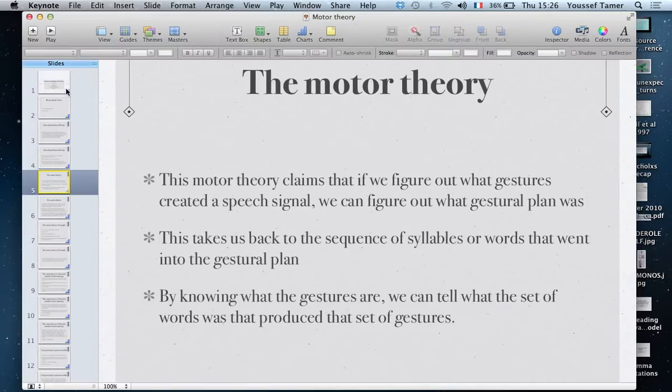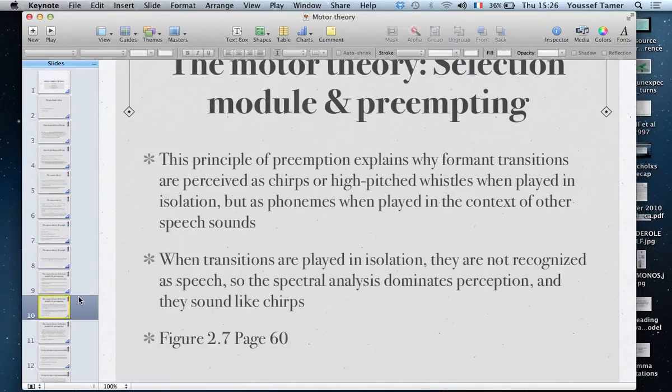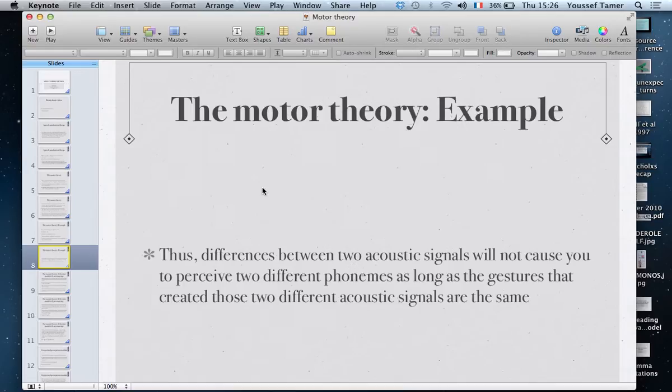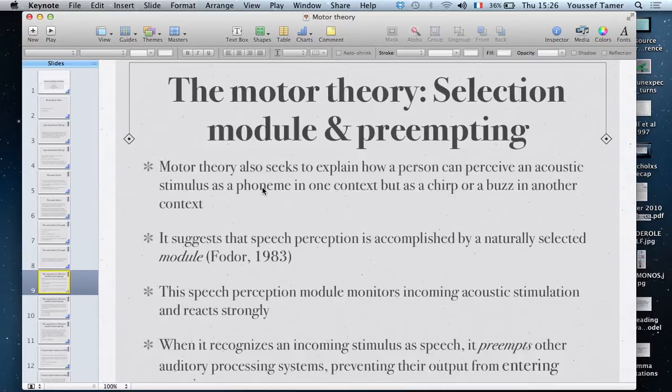I think what she is referring to is the speech module. The fact that listeners have a certain self-monitor of the speech that they are receiving. Yes. Good. An internal ability to follow the speech, to distinguish between the real speech sounds and non-speech sounds. Good. And this is what we're going to talk about as selection module and preempting.